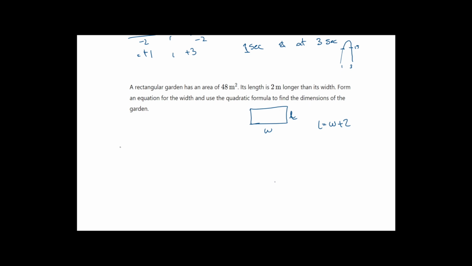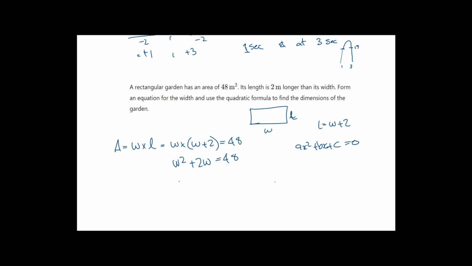Well, the area of the garden is going to be the width times the length, and that's going to be the width times W plus 2, and that's going to equal 48. So let's solve for W first. So expanding out that bracket equals 48, but it's got to be in this form: ax squared plus bx plus c equals 0.